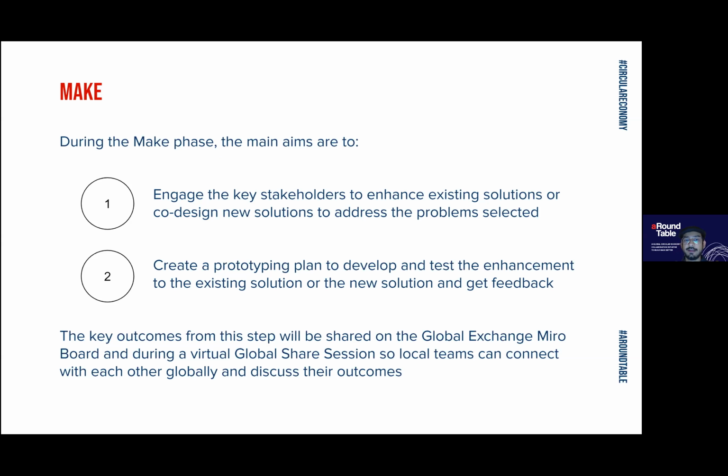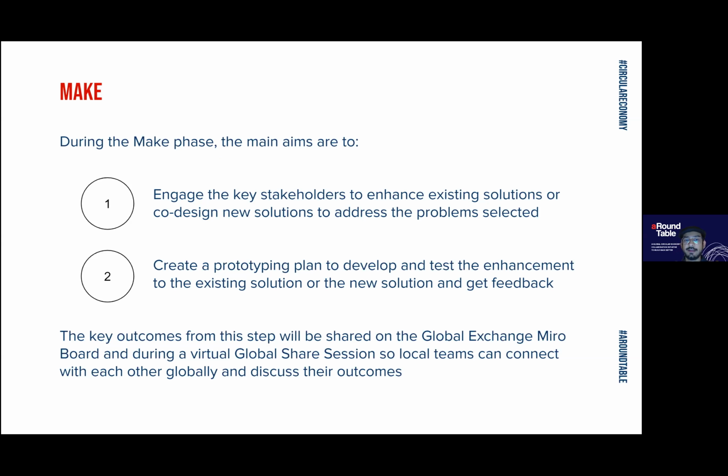So with the solution design, we're thinking about using the circular brainstorming worksheet from the Circular Design Guide developed by IDEO and the Ellen MacArthur Foundation to work together with these different stakeholders to think about all the different solutions that can be developed for the specific problem that they defined in the last step.